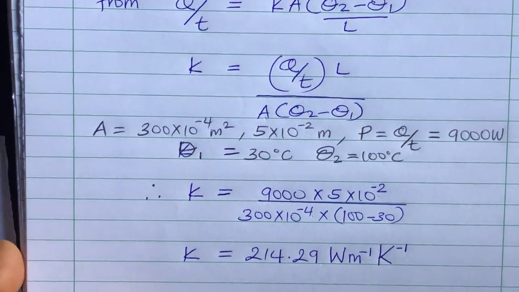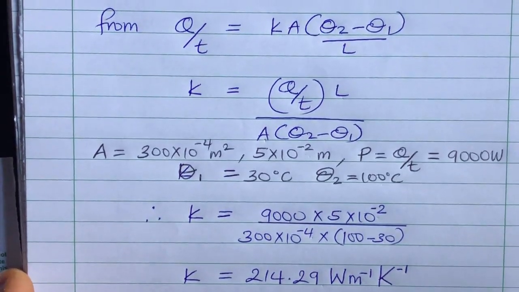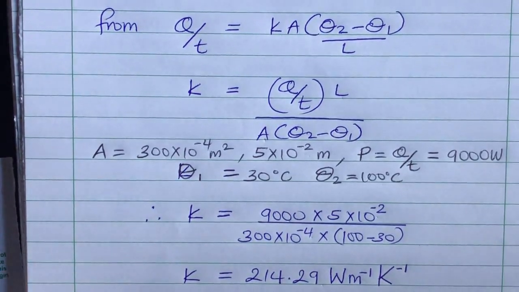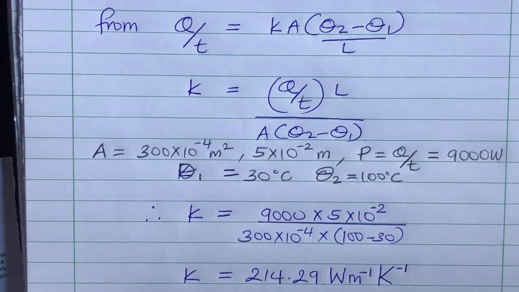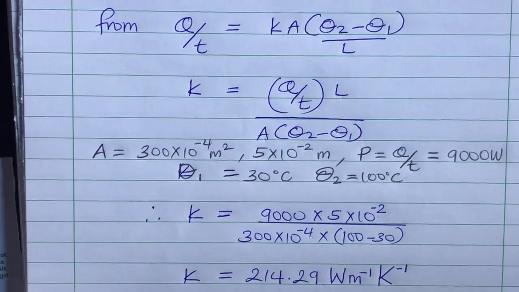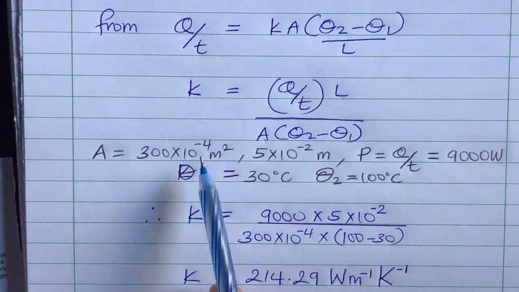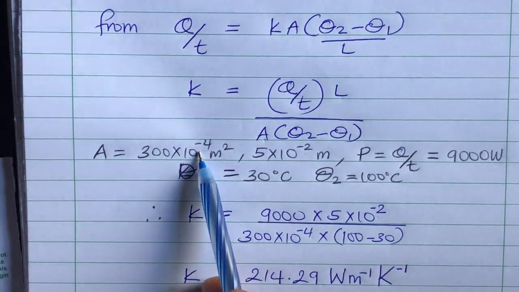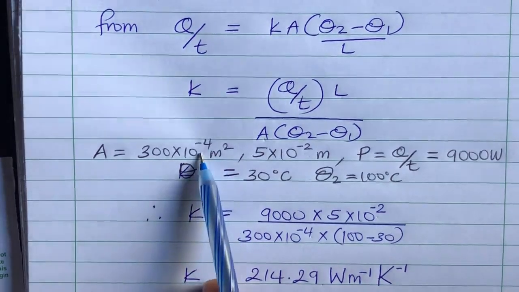Please, when carrying out calculations in physics, it is very important for you to first summarize the given information. But during the summarizing, please convert the quantities to their SI units, just like we've done. The area was given to us in centimeters squared, we converted.